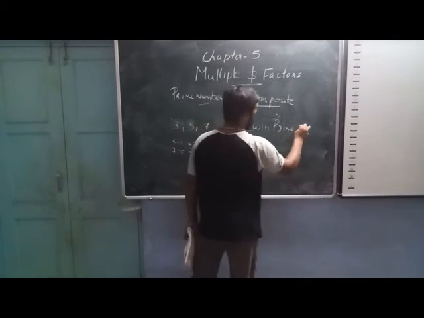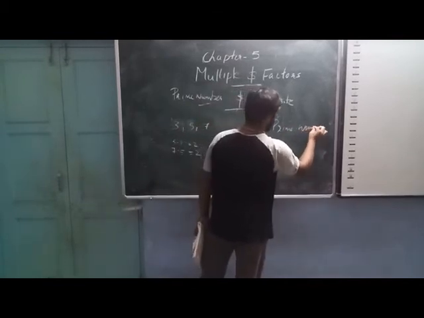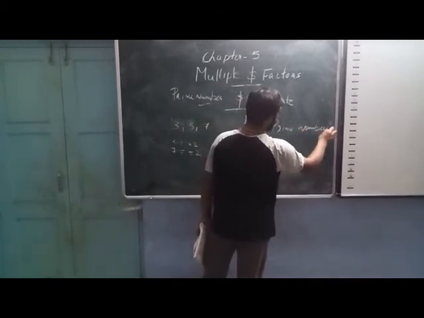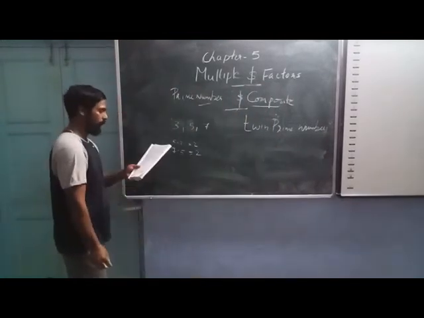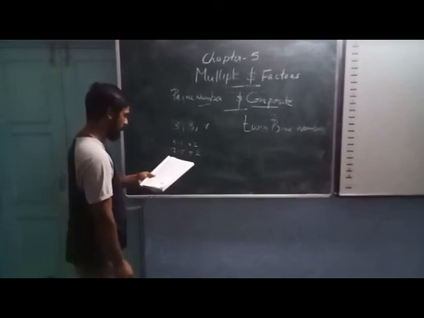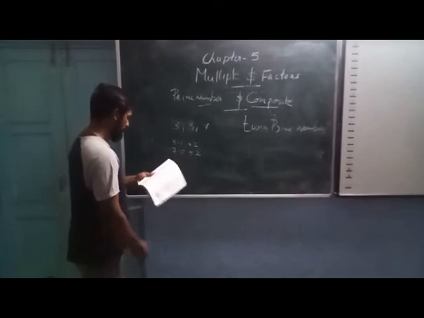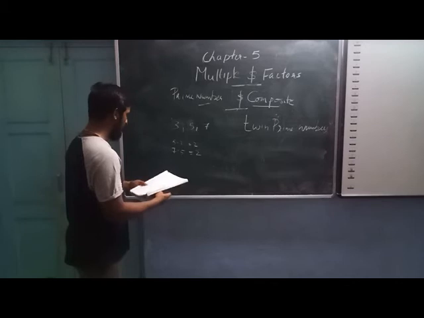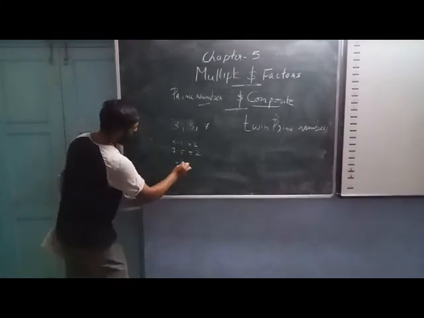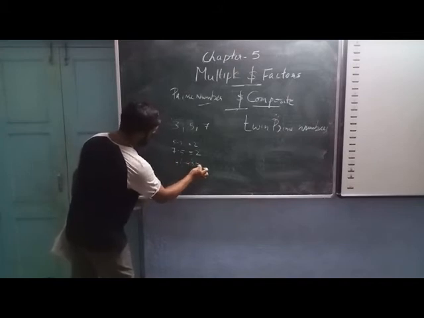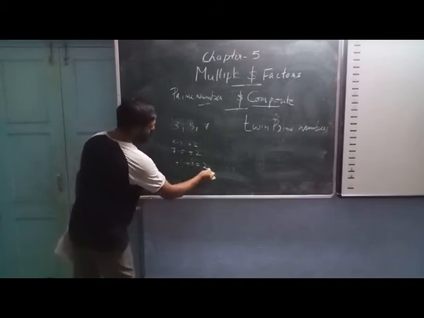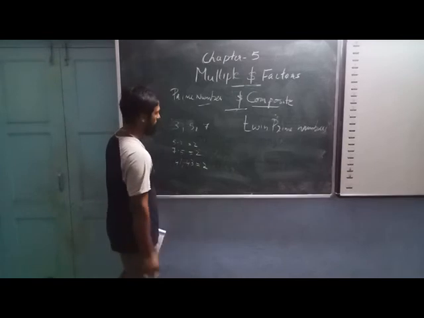Okay, so there are several twin prime numbers among our numbers. For example, we can find other twin primes: 41 and 43. Their difference is 2, so it is a twin prime pair.